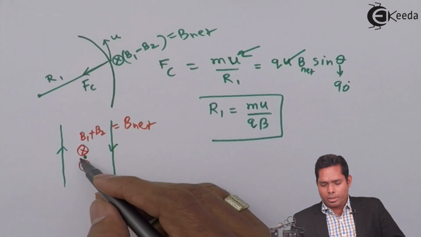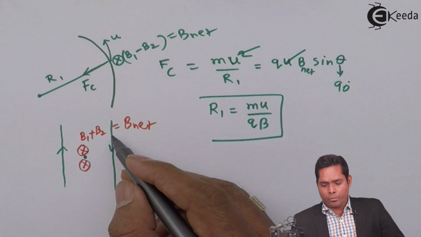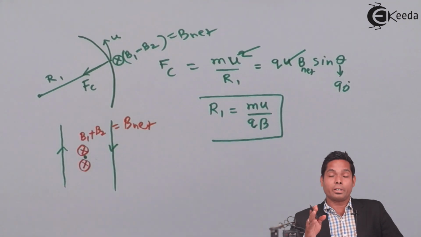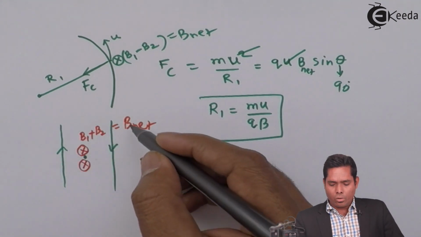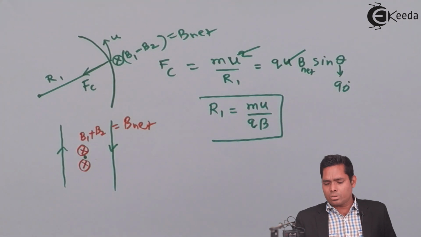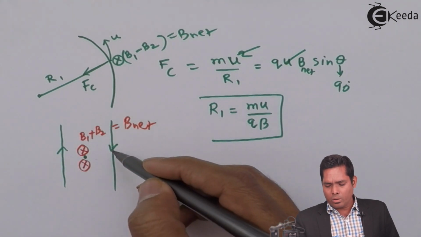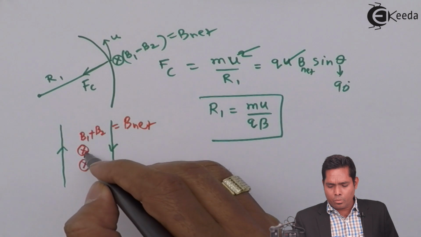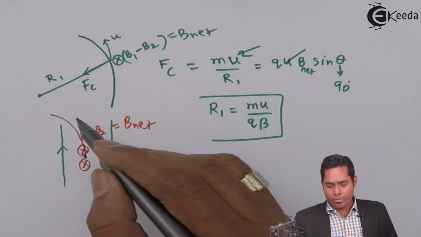So this will move toward this side or that side depending on which side of the conductor you are changing the direction, because that has nothing to do with the result. So supposing that I have taken this side down, here the particle will move again in this side.